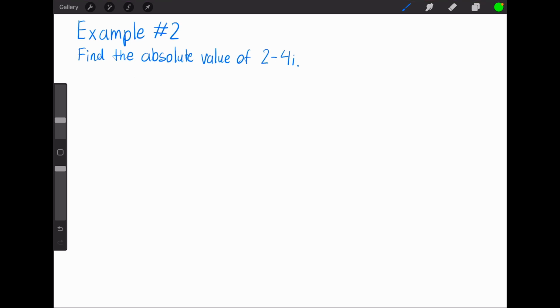In this second example, we are told to find the absolute value of 2 minus 4i. Let us graph this complex number first. On this graph, we know the complex number 2 minus 4i is here.